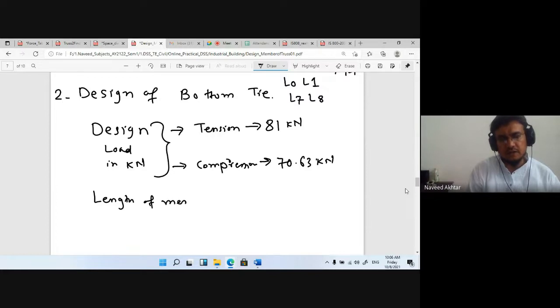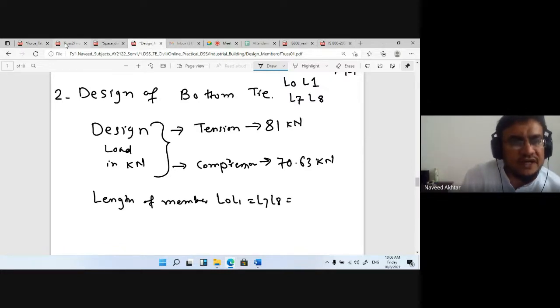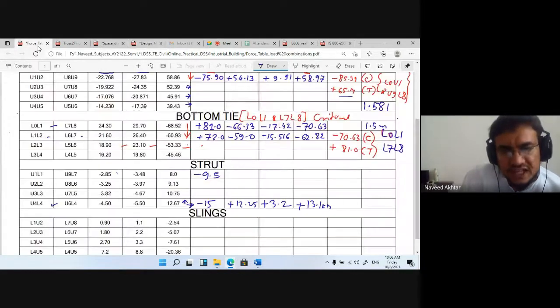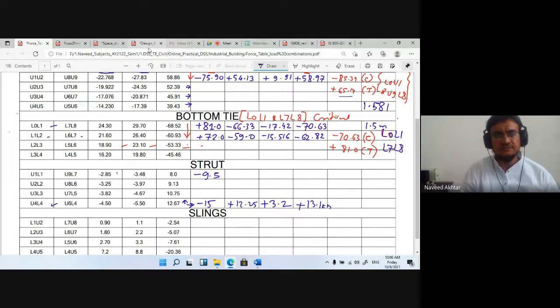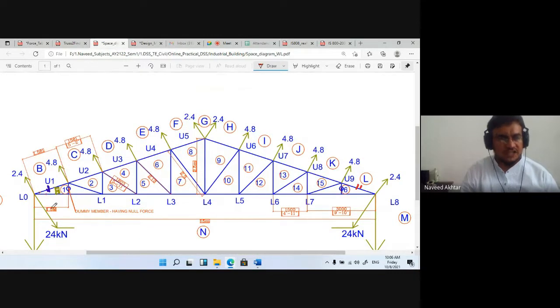The length of member L0, L1 is equal to L7, L8. You can take it from here, the length of the member is 1.5 meter. In plan also, this length is 1.5 meter.